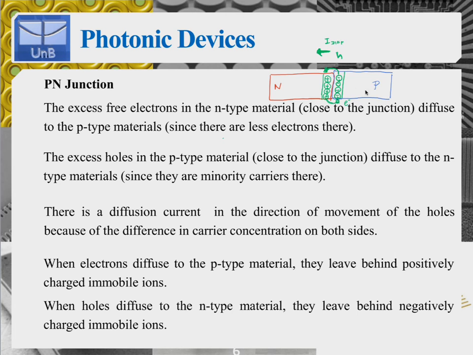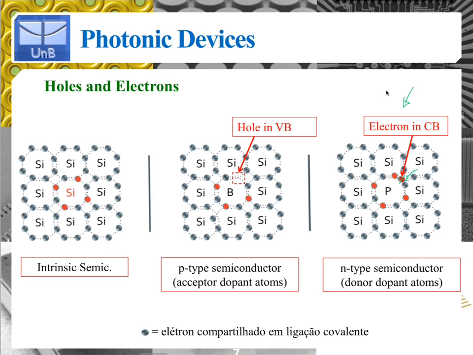And let's recall what happens when you dope a p-type semiconductor. So this is a p-type semiconductor, silicon doped with boron atoms, which have only 3 electrons in the valence shell. Therefore there's an absence of an electron here, which corresponds to a hole. But when this hole moves to the other material, in other words, when it moves to the n-type material, this simply means that an electron, which was, for example, right here, will occupy the place of the hole.